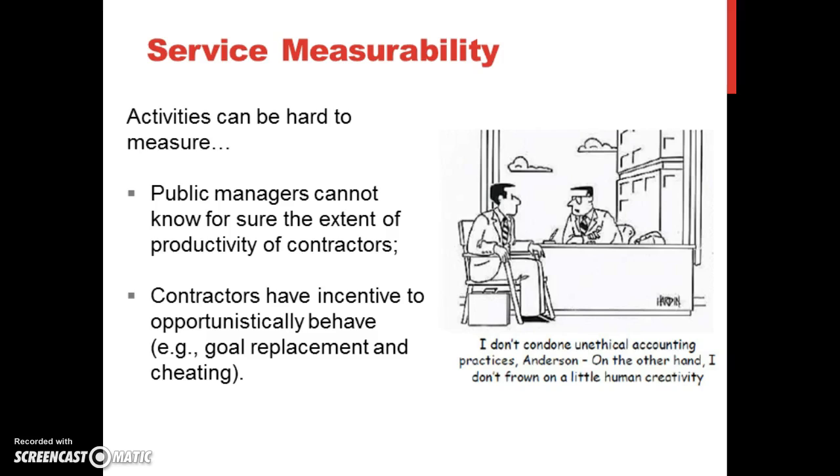Under such weak monitoring, self-interested contractors will have strong incentive to replace organizational goals with their own benefits, including being lazy or shirking, and they might cheat performance data to minimize their efforts and gain benefits.